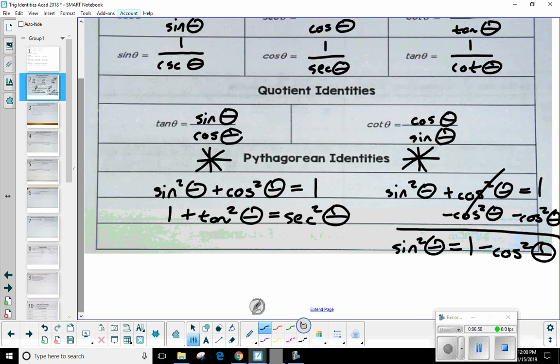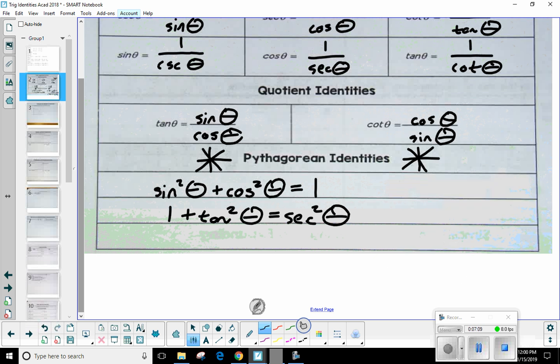So this is also an identity, just manipulating the original one. It's not just the identity as you see it. You can rearrange the terms and get different expressions. Same thing for 1 plus tangent squared is equal to secant squared. A lot of times when you're going through these, they may use theta, x, alpha or beta.